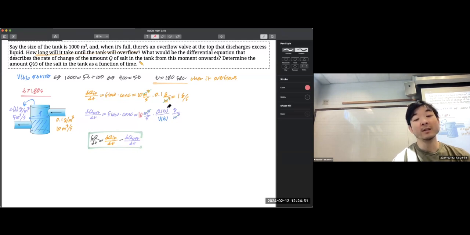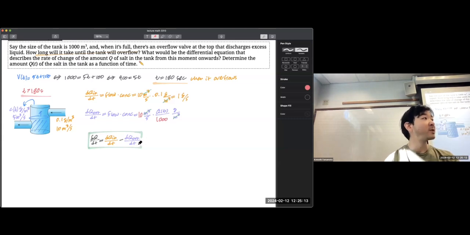Then the question: we still don't know how much salt there is in the tank at that time, but we can say something about the volume. After it overflows, when t is greater than 180 seconds, what's the volume of liquid in the tank going to be? It's going to be 1,000. It's not growing anymore.